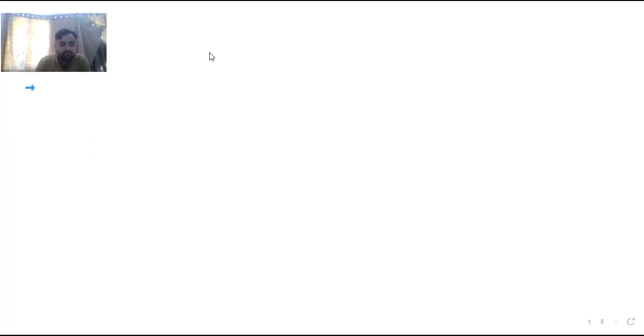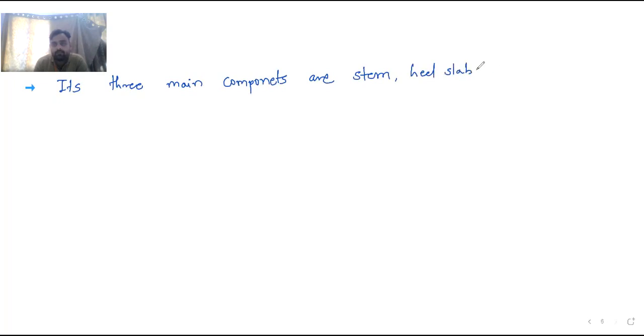Second point, its three main components are stem, heel slab, and toe slab.